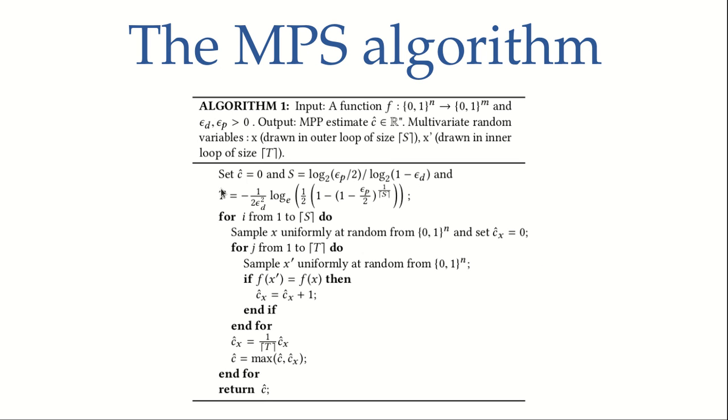So S and T are the size of these loops that we have here. S is the number of input patterns that we sample, and for each of them we sample T other input patterns to estimate the size of m of x for each of these S many x values.